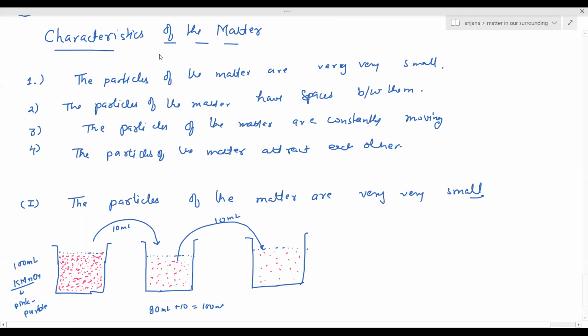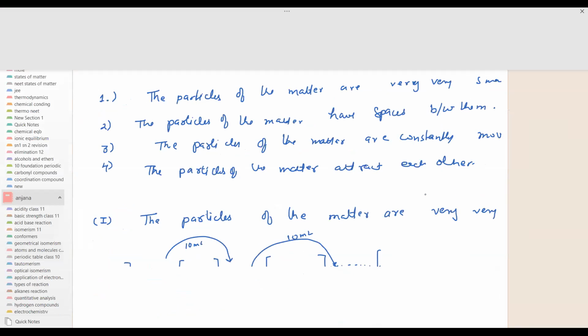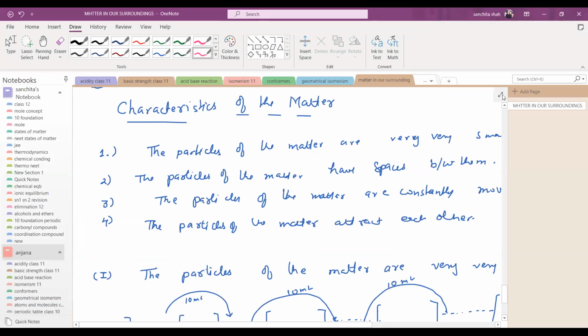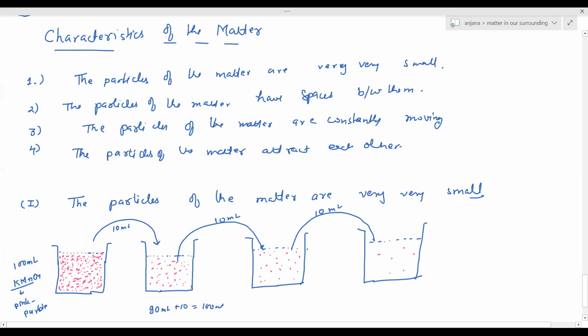Okay, let's take one more container. Again I have 90 ml water and I am adding 10 ml from this. Color will be even lighter now. Very few particles will be here.